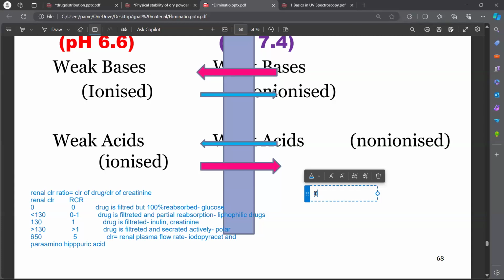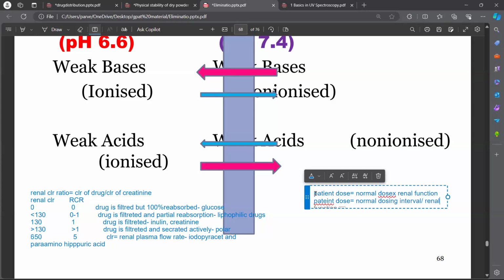Patient dose equals normal dose into renal function. So renal function is calculated. And another concept is the patient dosing interval equals normal dosing interval divided by renal function.